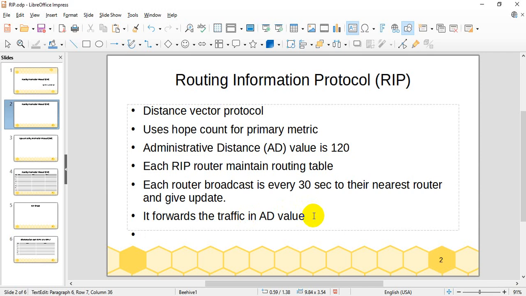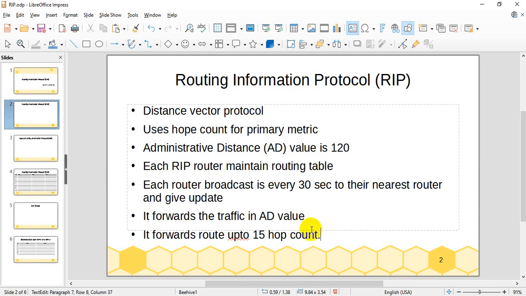The next point is that it will route up to 15 hops. What is the hop limit for the Routing Information Protocol?